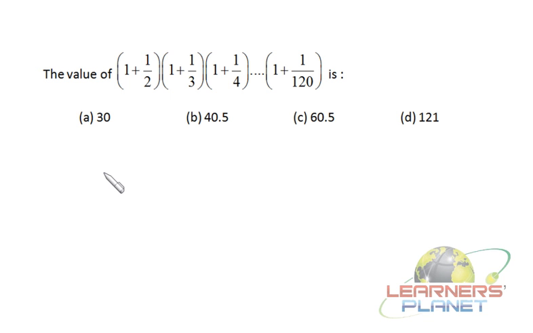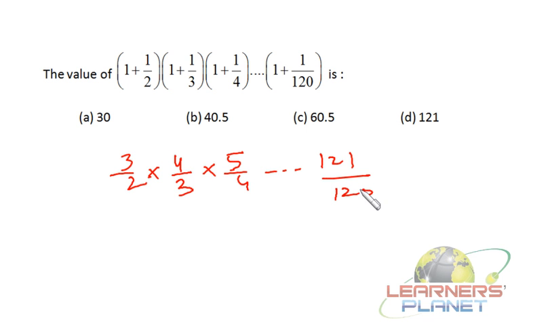Now, this looks like a very big problem. Let's start taking LCM. That is 1 plus 1/2 can be written as 3/2. Then 1 plus 1/3 can be written as 4/3. Then into it is 4 plus 1, 5/4. And this is 120 plus 1, that is 121/120.